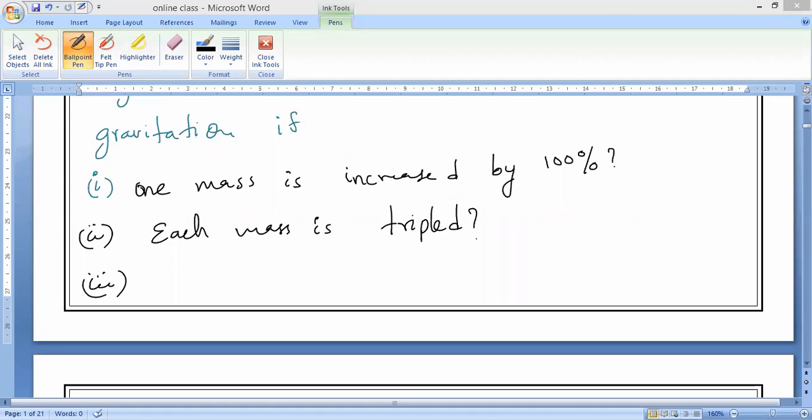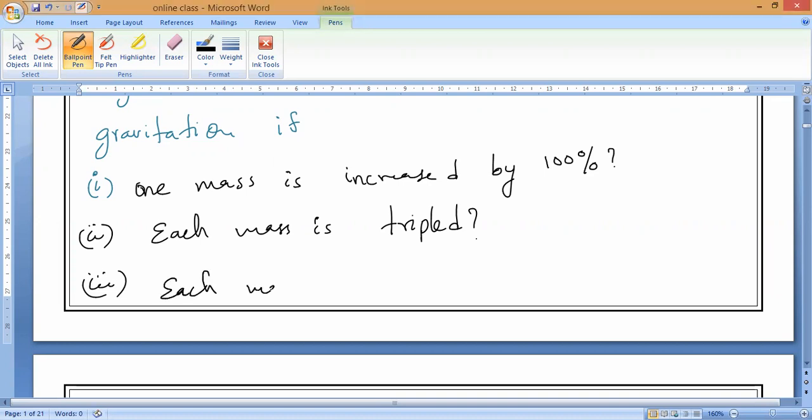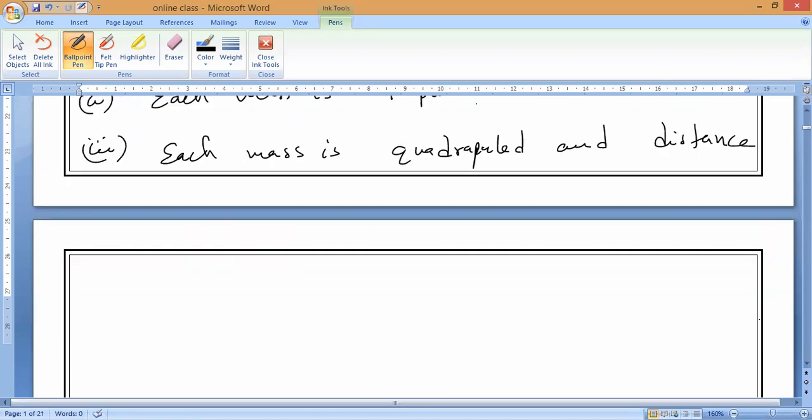Quadruple means what? 4 times. Are you clear what I'm saying, everybody? Each mass is quadrupled and the distance between them becomes halved.